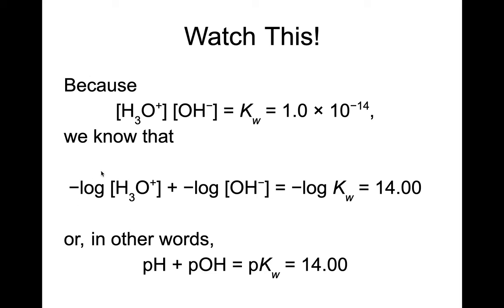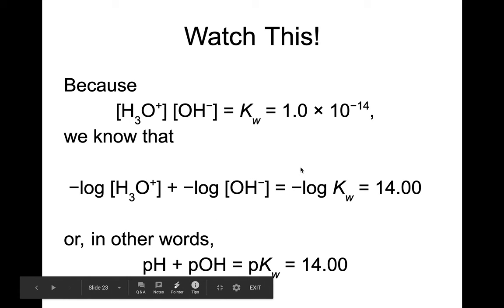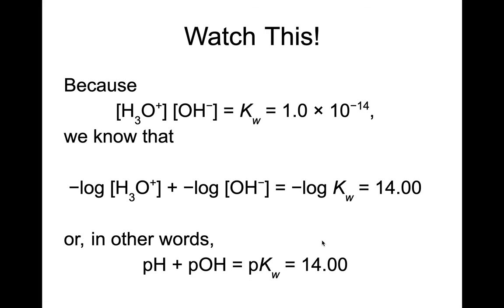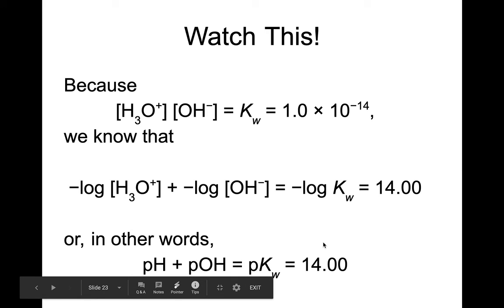This was the definition of pH, the negative log of the hydronium or hydrogen ion concentration, plus the negative log of the hydroxide concentration, that would be pOH, is equal to the negative log of Kw, which would be pKw, is equal to 14. In other words, the pH plus the pOH is always equal to 14. If you know the pH is 4, the pOH must be 10, and vice versa.